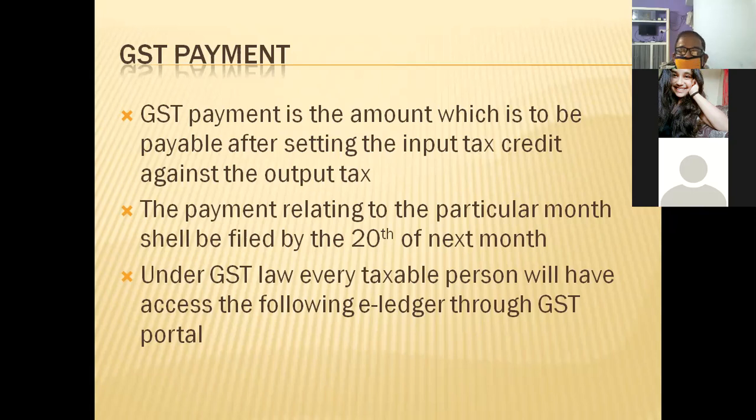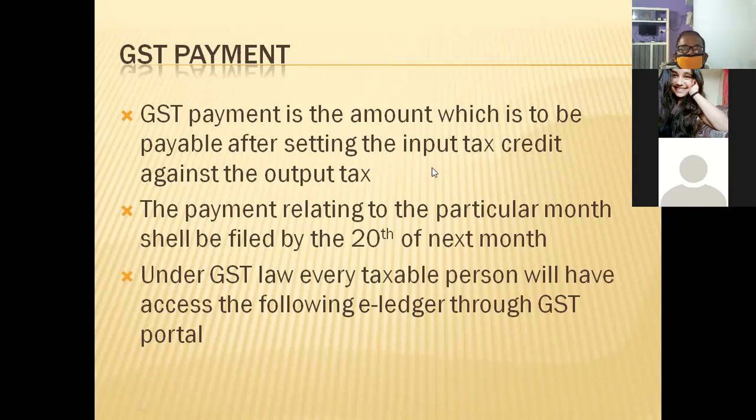In the background, a person's transactions and tax payments will be displayed in 3 different electronic ledgers. This is predefined by the CBIC, Central Board of Indirect Taxes and Customs department.